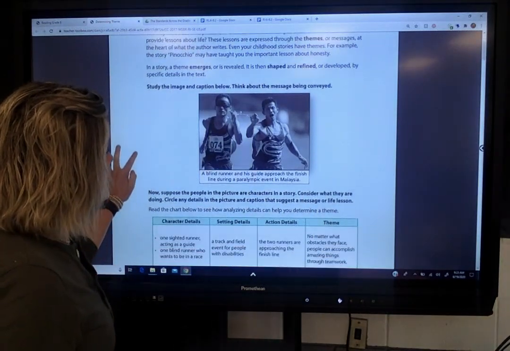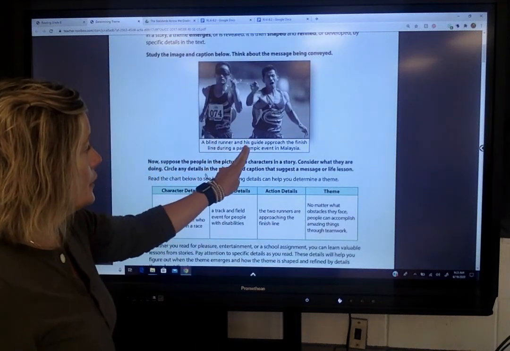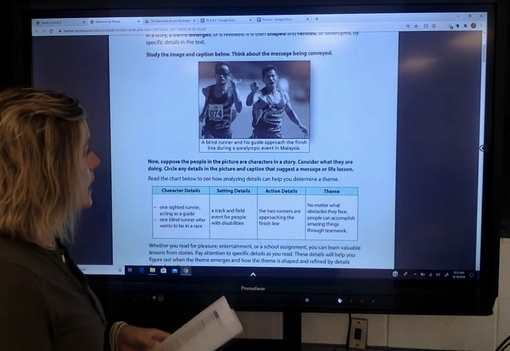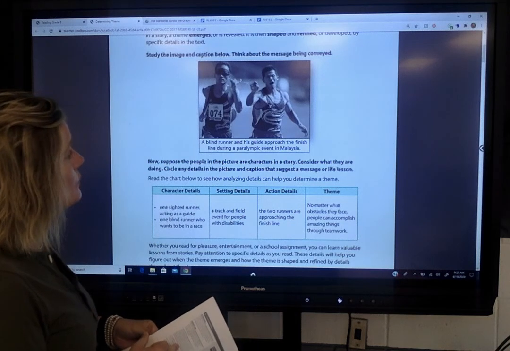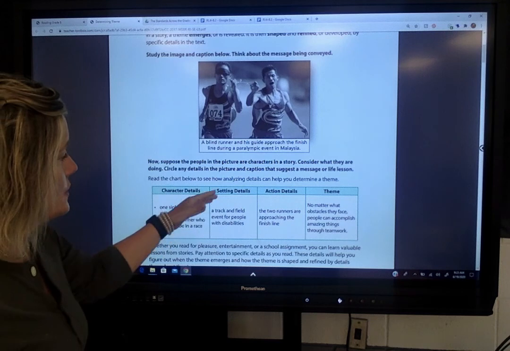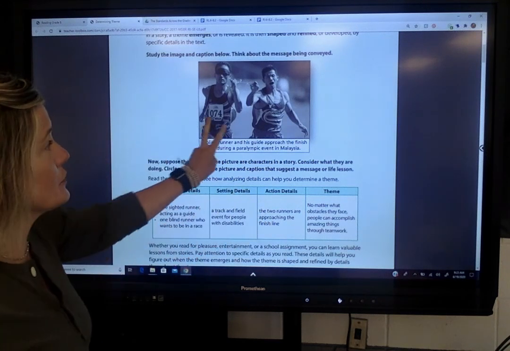Now, if you look at this picture, you've got a blind runner and his guide approach the finish line during a Paralympic event in Malaysia. So if you look here, you'll see what are the character details, the setting details, the action details. Well, the characters are very obvious.